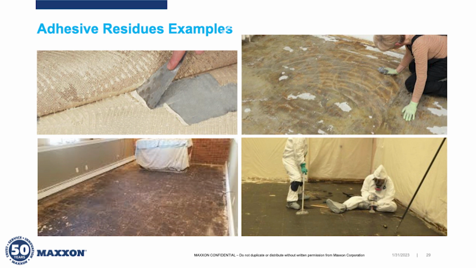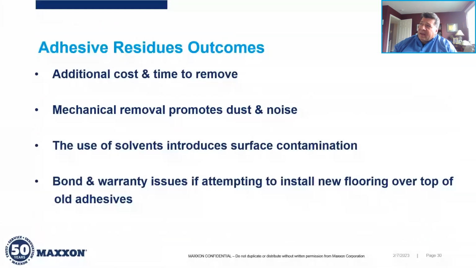But there has to be some sort of asbestos in that adhesive because of the way they're dressed. So again, keeping with our theme, what are some of the outcomes here? Well, you're talking about some really costly processes to remove those adhesives.